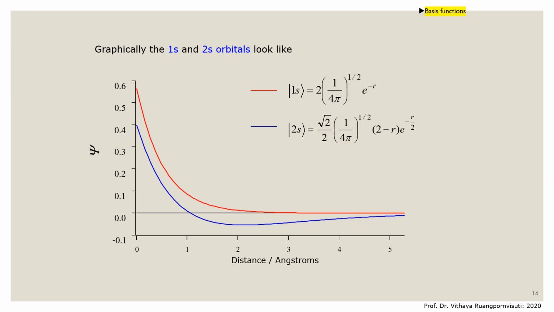Graphically, the 1s and 2s orbitals look like this figure. The red line belongs to the 1s orbital, and the blue line is the 2s orbital.